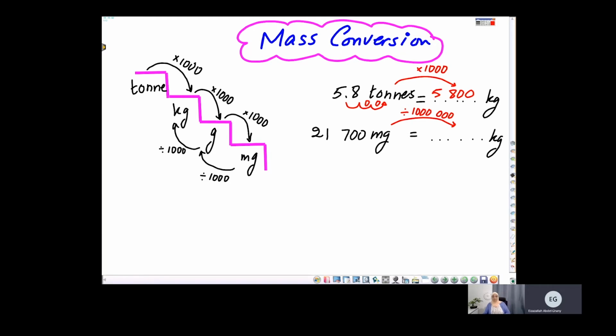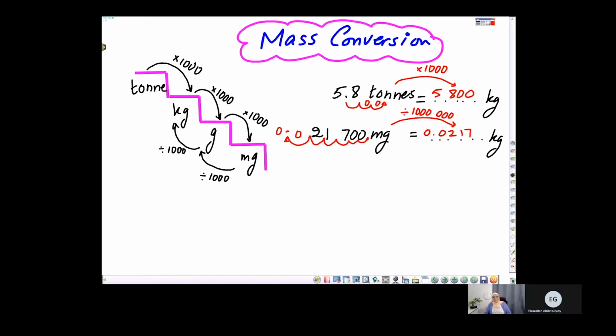Remember to leave a gap. From the right hand side, 3 zeros, then a gap. Don't put a comma, and then another gap and put the 1. So, where is the decimal point? It's at the end, it's invisible. It's like a full stop. You go backward. 1, 2, 3, 4, 5, 6. Here is a 0, here is the point, here is a 0. How to write it? It is 0.0217.